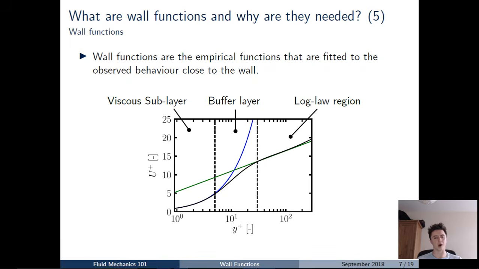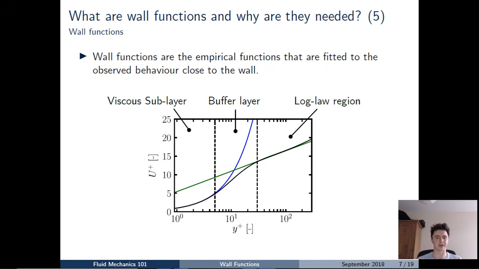For y+ values of less than 5, the left-hand region of the graph, we can see that that blue profile gives a very good fit to the observed data. And in the region on the right, for y+ values of greater than 30, we can see that that green line gives a very good agreement.